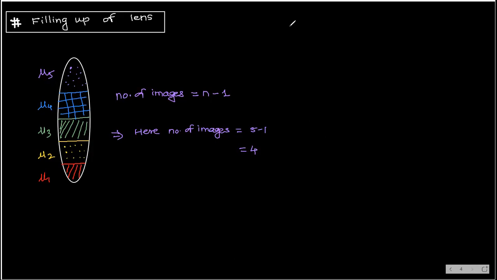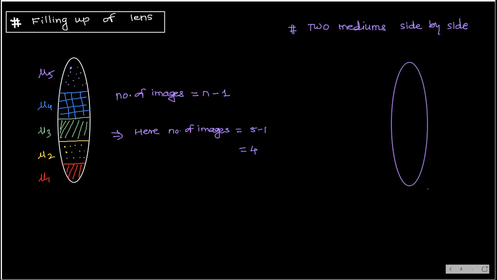Next point, we can say, suppose two mediums side by side. Means how? Suppose here it is a lens.